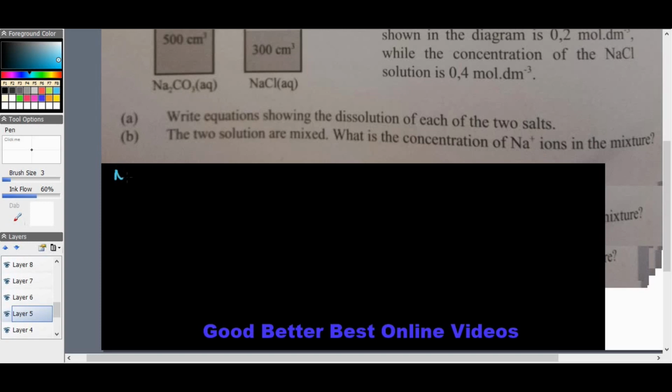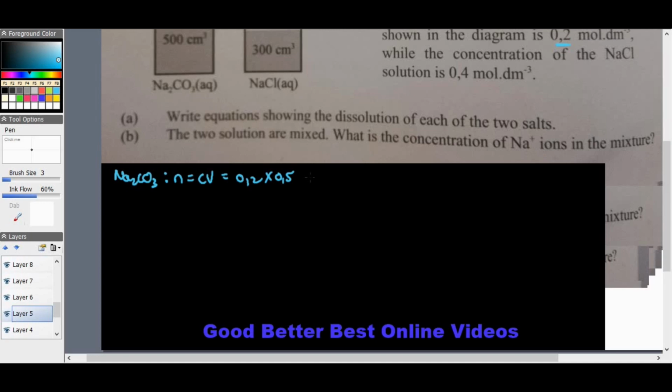For sodium carbonate, Na2CO3, the number of moles is equal to C times V, which is 0.2 multiplied by 0.5. That is 500 cubic centimeters, the same as 500 milliliters, so we just divide by 1,000.